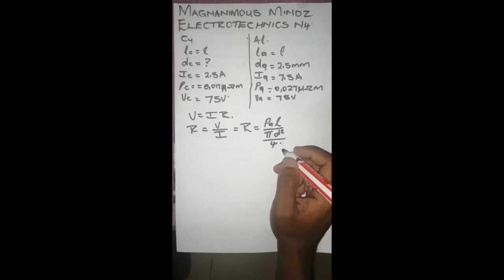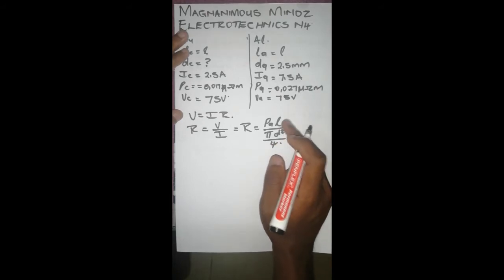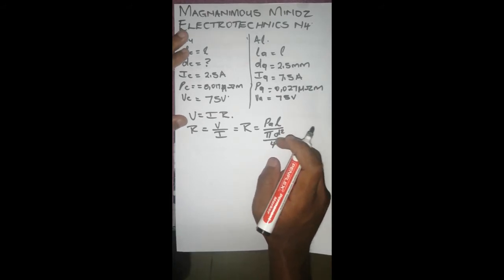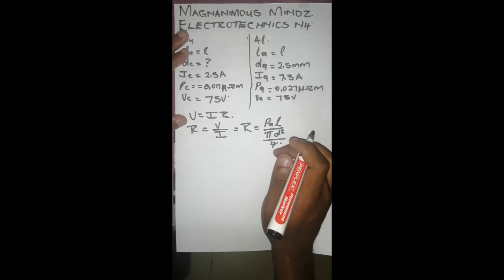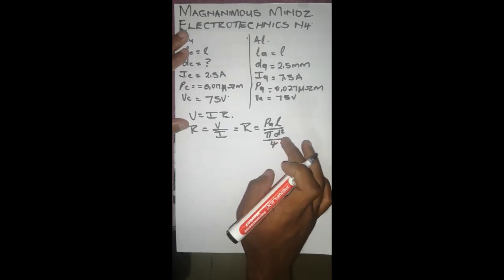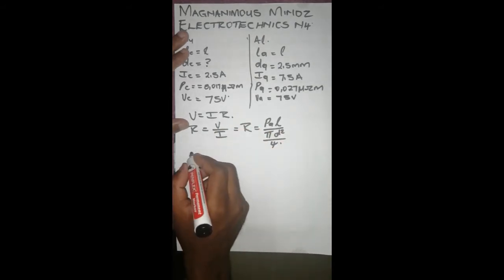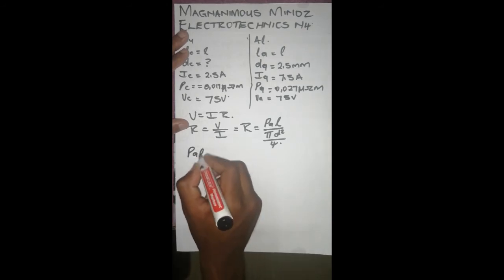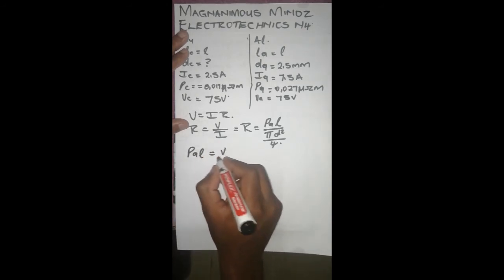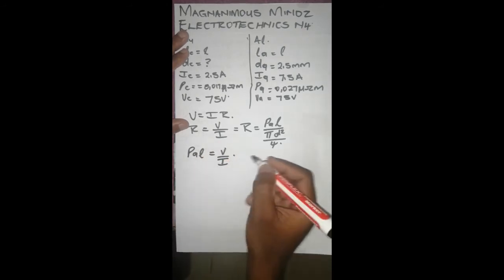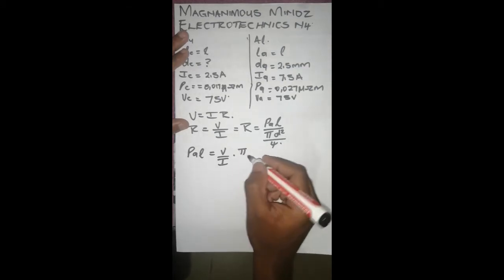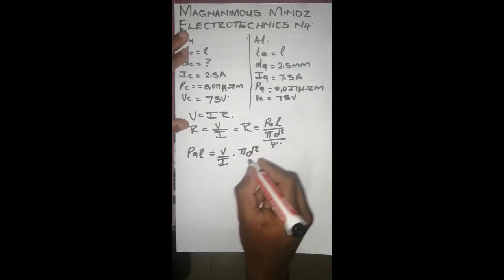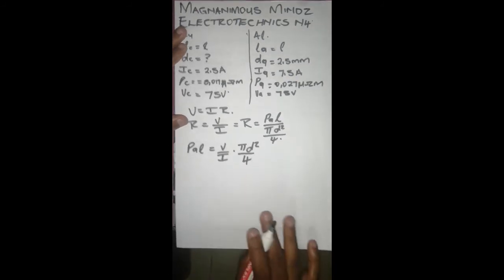Trying to make L the subject of the formula, we cross multiply, so PL equals V over I times pi d squared over 4.